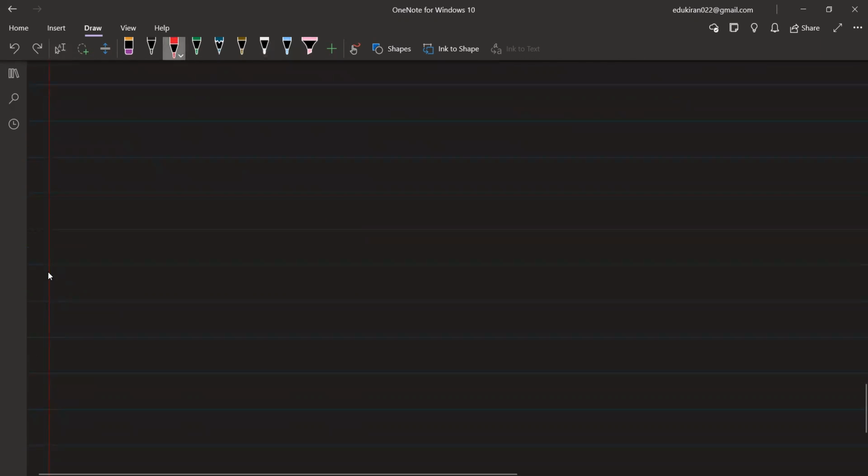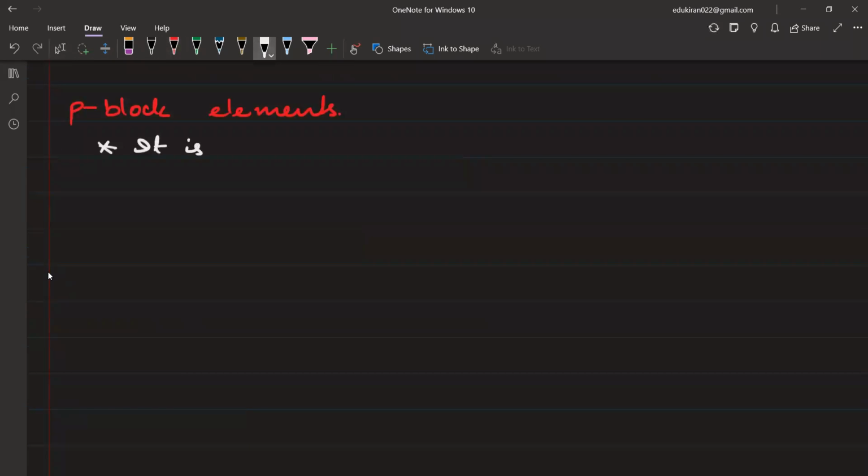P block elements. Now, for p block elements, the general electronic configuration will be: there will be ns2 electrons always, and the np will be filling from 1 to 6.